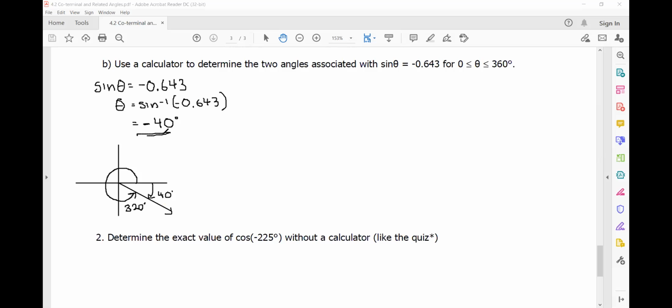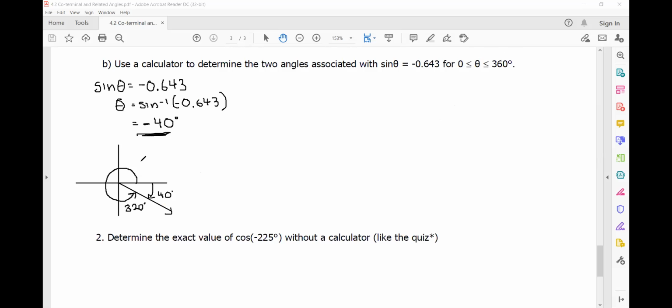So notice, if you gave me the angle of negative 40 degrees, right, it's not between 0 and 360. So we have to figure out equivalent angles that are between 0 and 360. And because you've learned about coterminal angles, you know negative 40 degrees and positive 320 degrees are exactly the same.